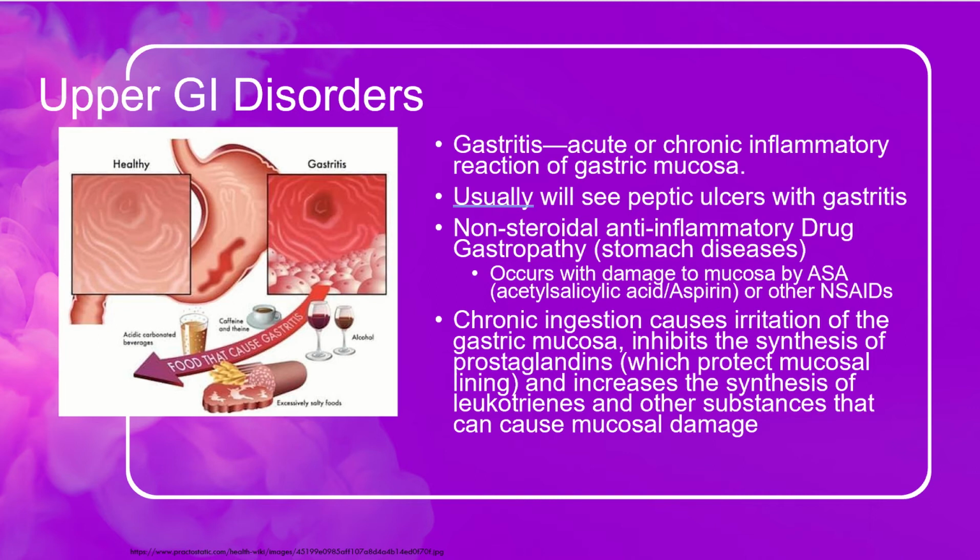So chronic ingestion causes irritation of the gastric mucosa, inhibits the synthesis of prostaglandins, and increases the synthesis of leukotrienes and other substances that can cause mucosal damage.